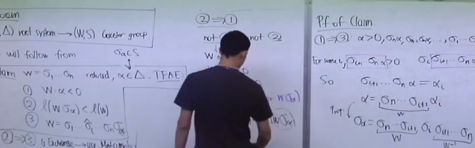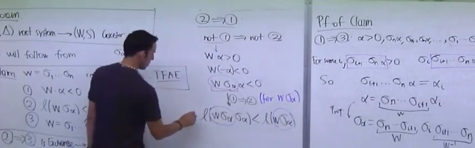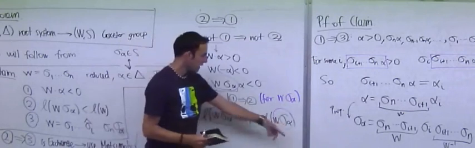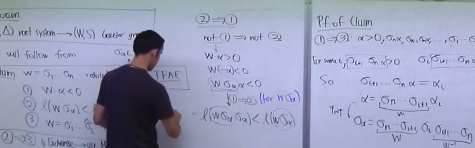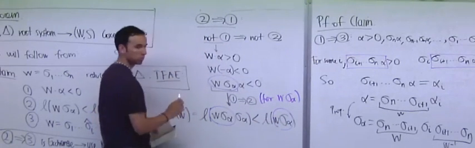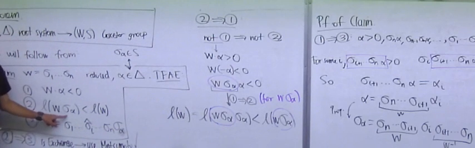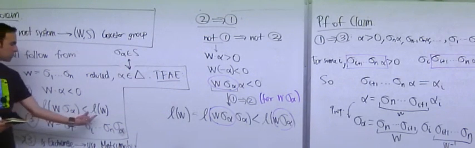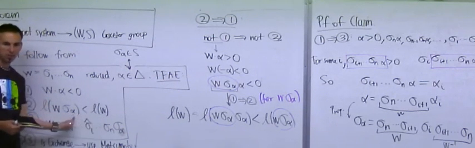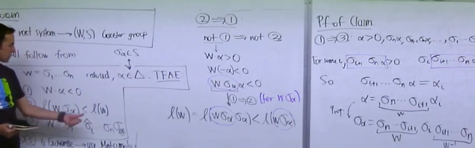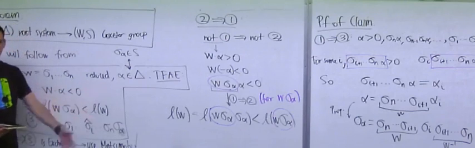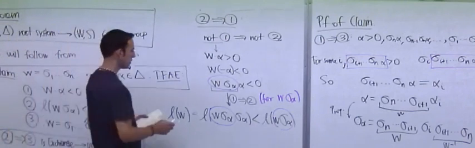And so what I just proved is that the length of W sigma alpha is bigger than the length of W. Which again is exactly the negation of this, because in this situation these guys do have different length. So the negation of this thing being less than is this thing being greater than. So I just proved not 2.